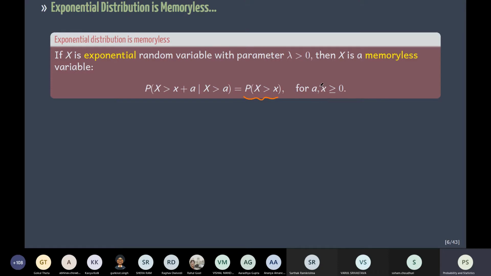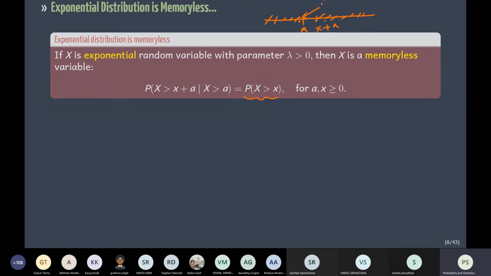Okay, so it's like a is here, and then from here onwards you have x plus a somewhere here. What this is trying to say is that whatever happened in the waiting time you had until here has no influence on the waiting time you will have, which is the probability that X greater than x.